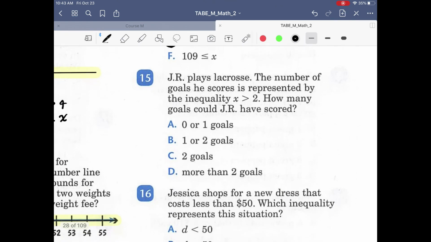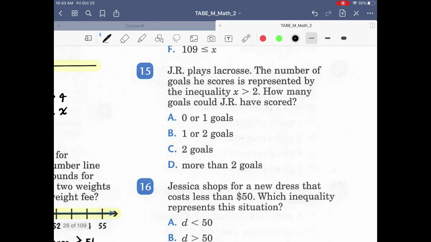Number 15. JR plays lacrosse. The number of goals he scores is represented by the inequality x is greater than 2. How many goals could JR have scored? Well, more than 2.